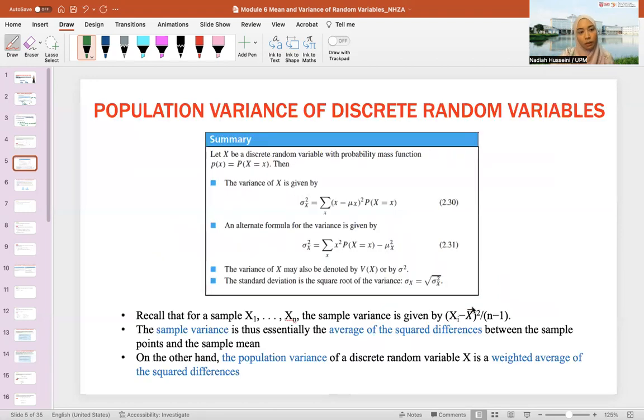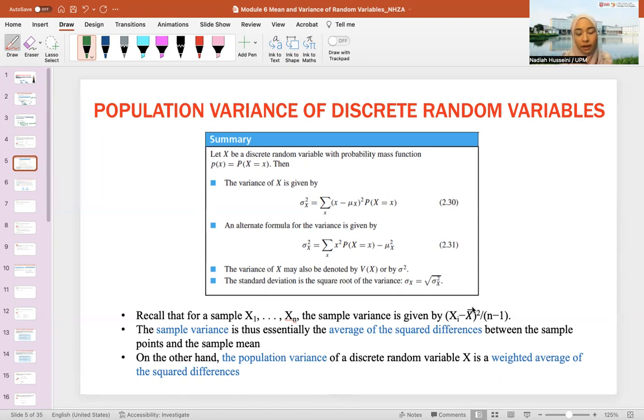Okay, so now that we talked about mean, of course, there's going to come the variance and standard deviation and all that. So now we're going to talk about population variance of discrete random variable. Let X be the discrete random variable with probability mass function Px, equal to the probability that random variable X equals some value of x.